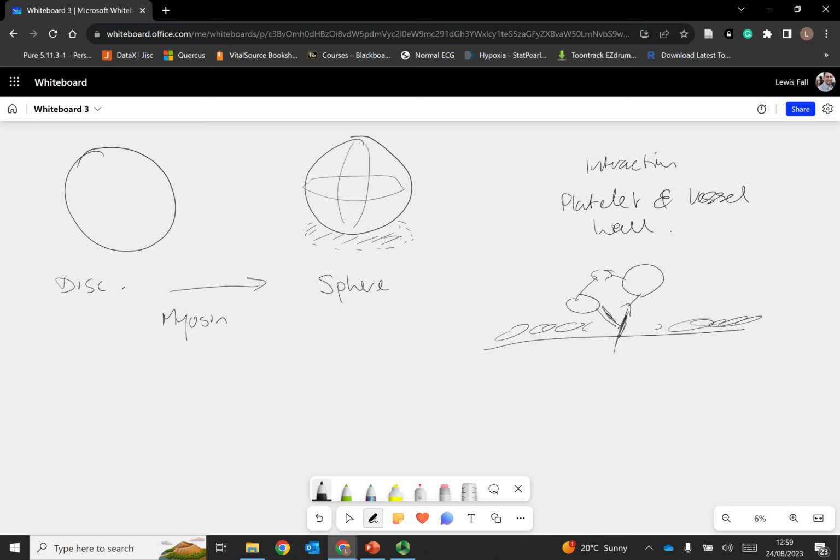Whenever we want a close interaction, we need the thing we're focusing on to be a shape that allows as close an interaction as possible. So the first thing is this myosin activation, which changes the platelet from a disc into a sphere.